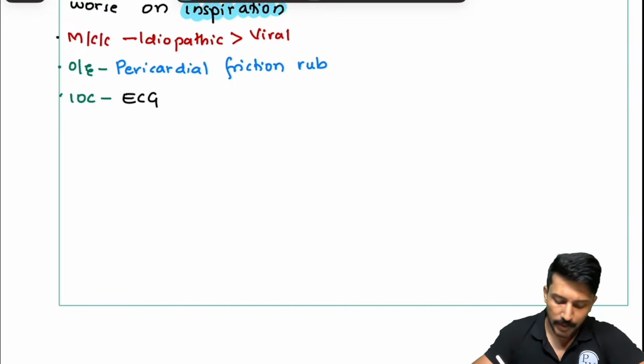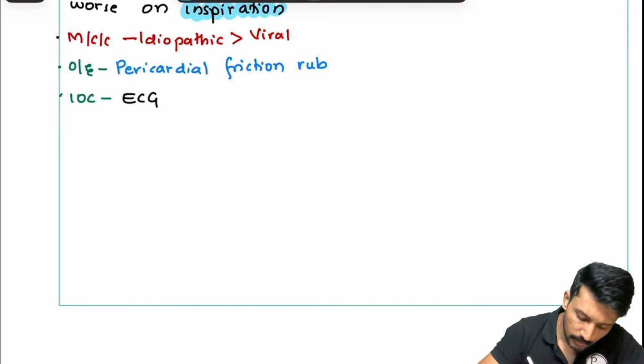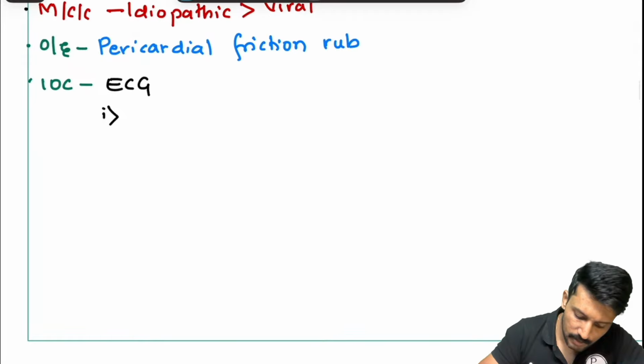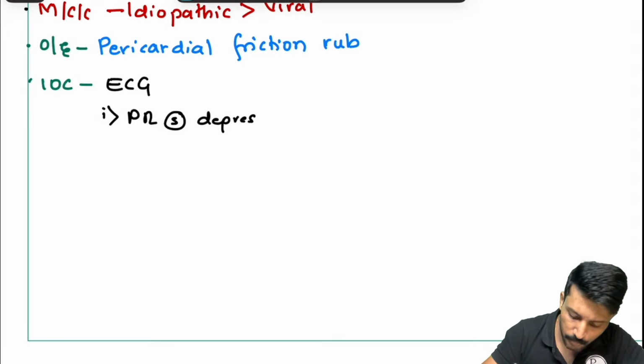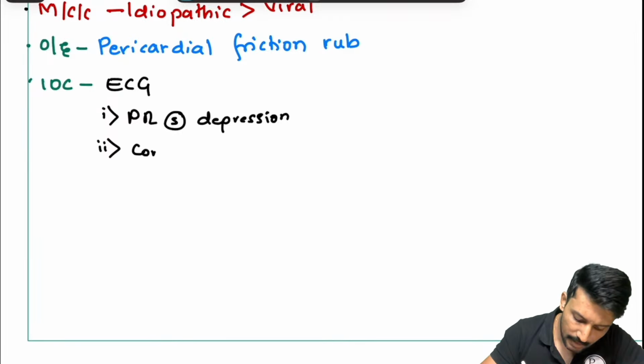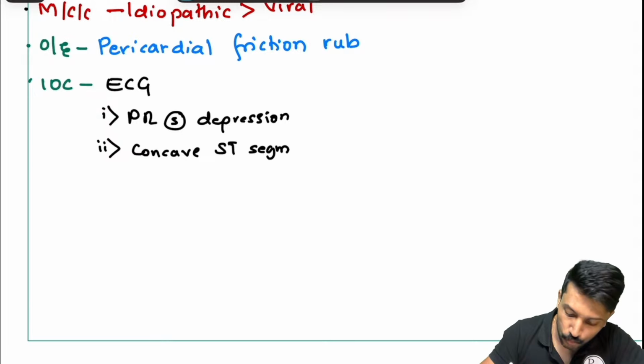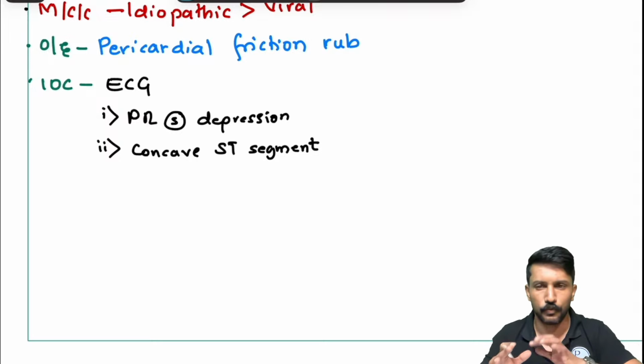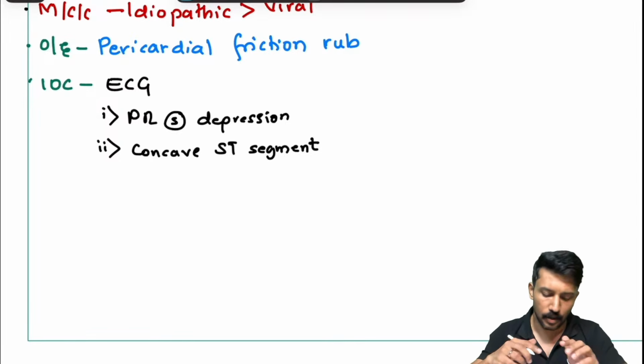So what are the findings we are going to get on the ECG? The first finding is PR segment depression. Number 2, concave ST segment elevation. ST segment elevation is usually convex in case of MI, but here it is concave.